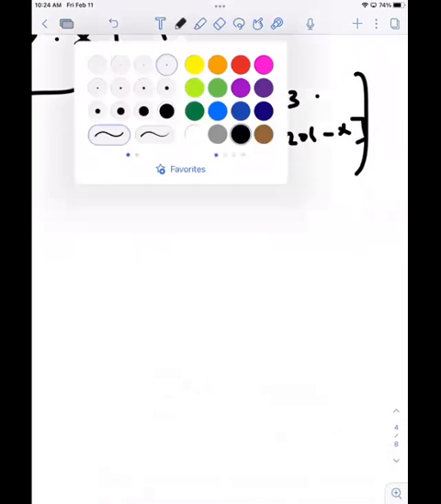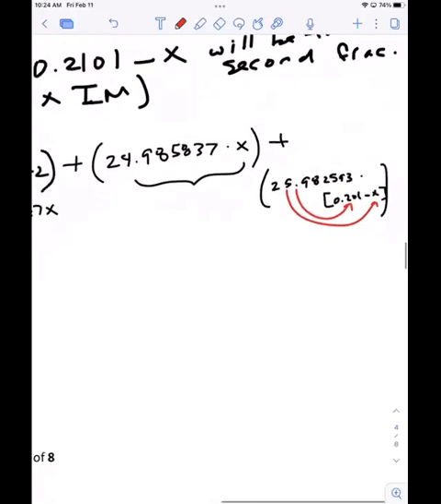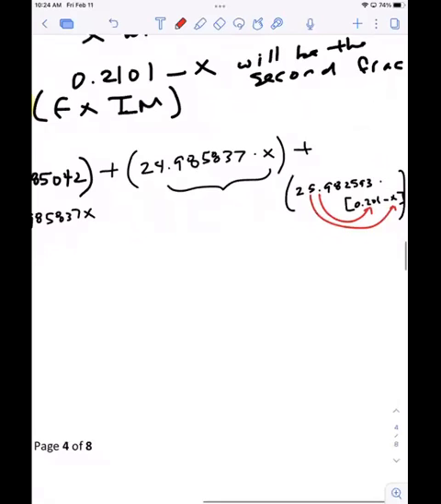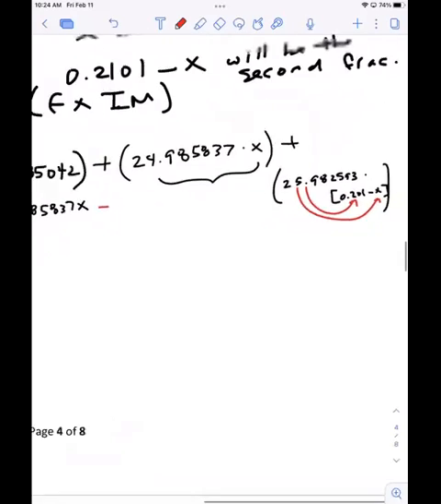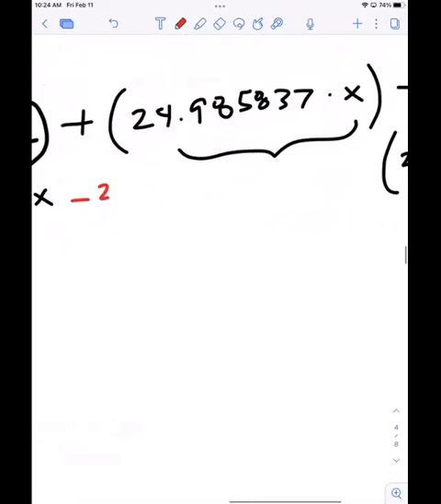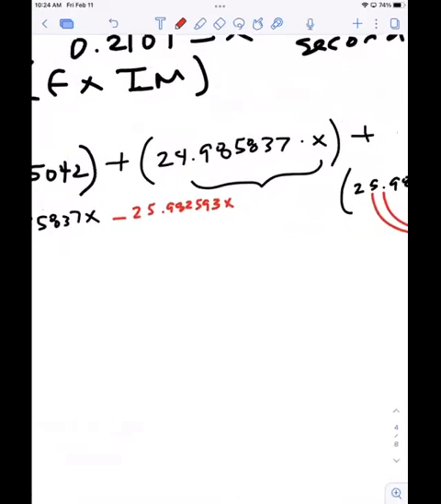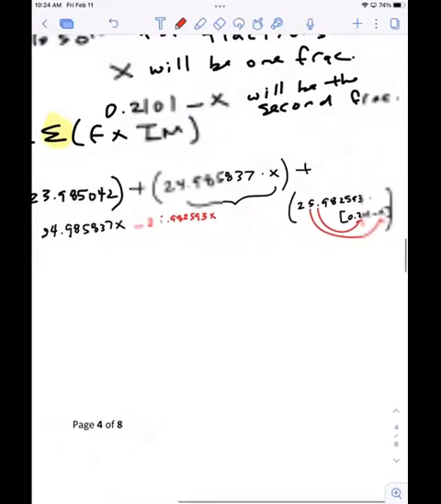We're going to take this number and multiply it by 0.201 and then by X. I'm going to go ahead and put the X term in since that's not really any multiplication. We're just going to put that in. So minus 25.982593X. Is that right? And then that's going to be plus what?